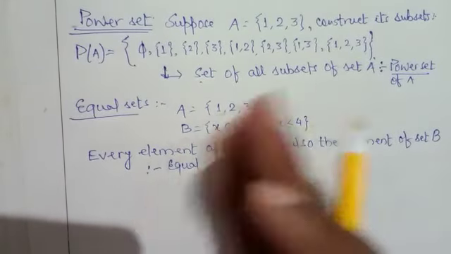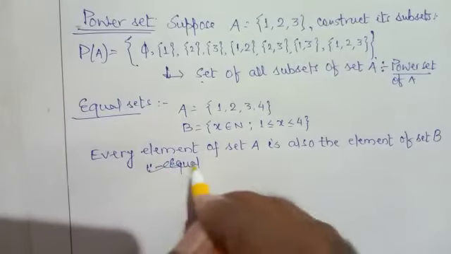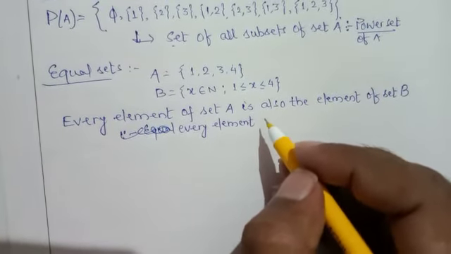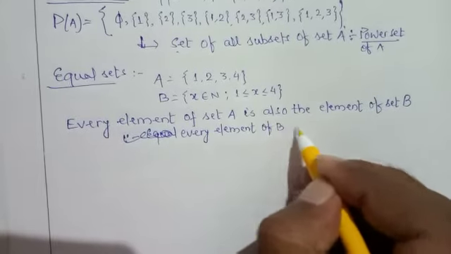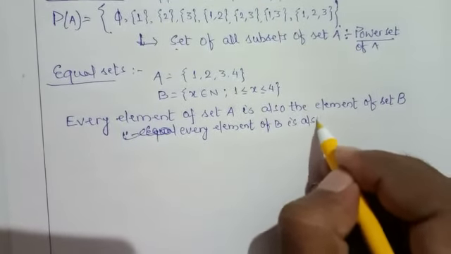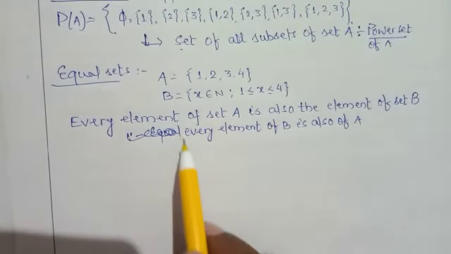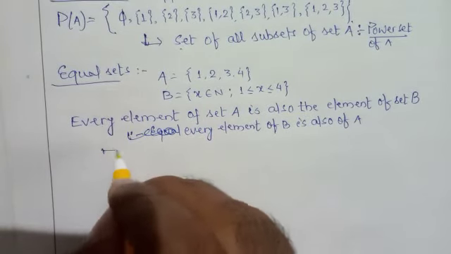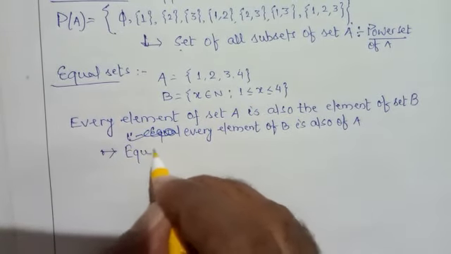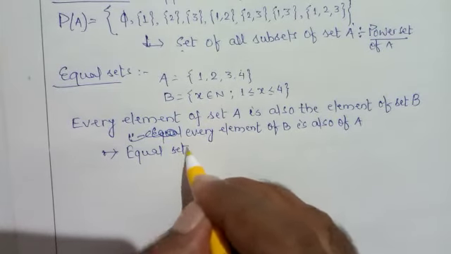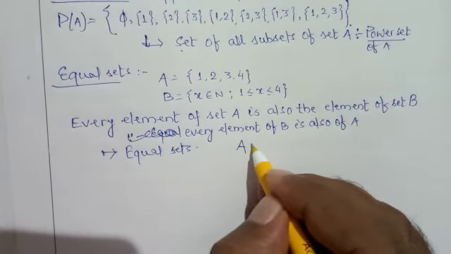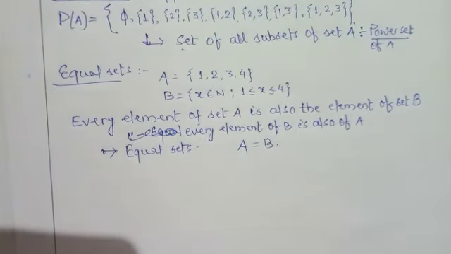And vice versa means every element of B is also of A. So such types of sets are called equal sets. And we write set A is equal to set B.